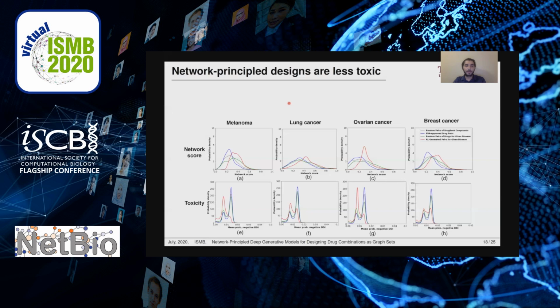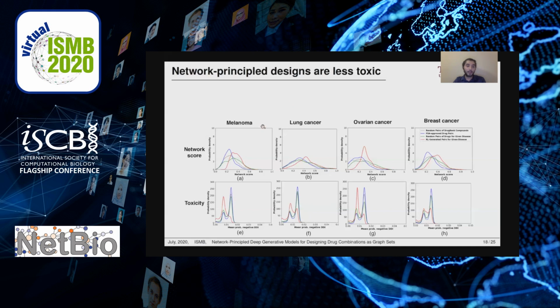Now that we have shown that our model follows the network principle, we will show that network principle actually correlates with low toxicity. We have compared our RL model with 3 baseline models. At first, if you randomly select 2 drugs from DrugBank, the gray one.